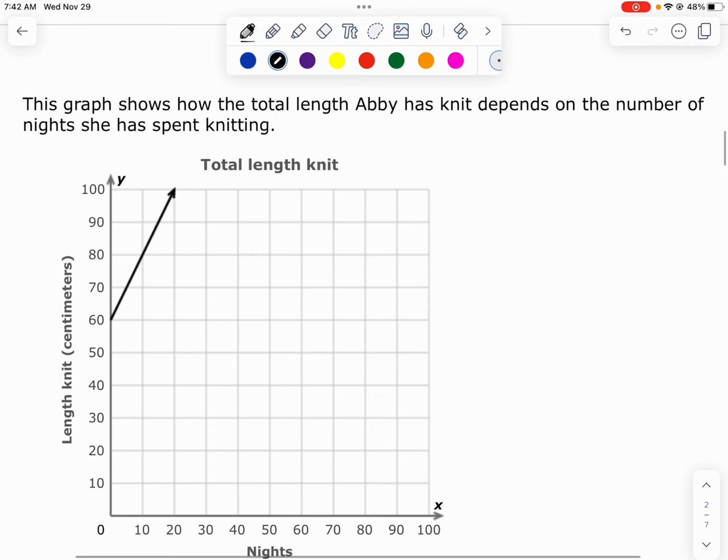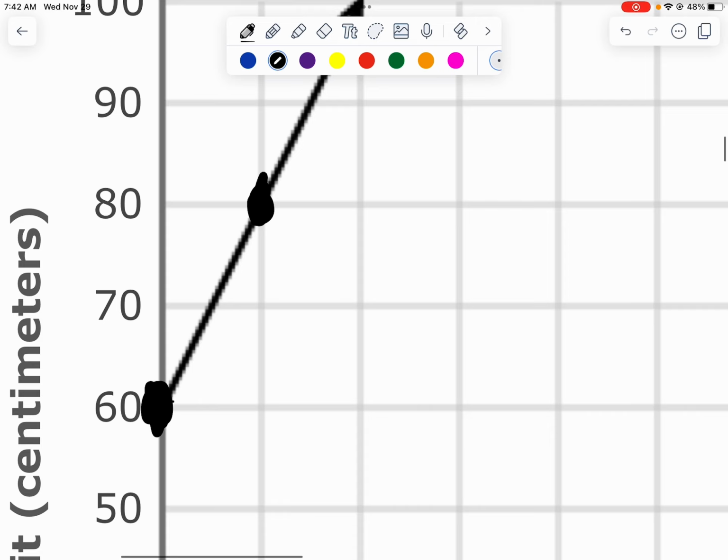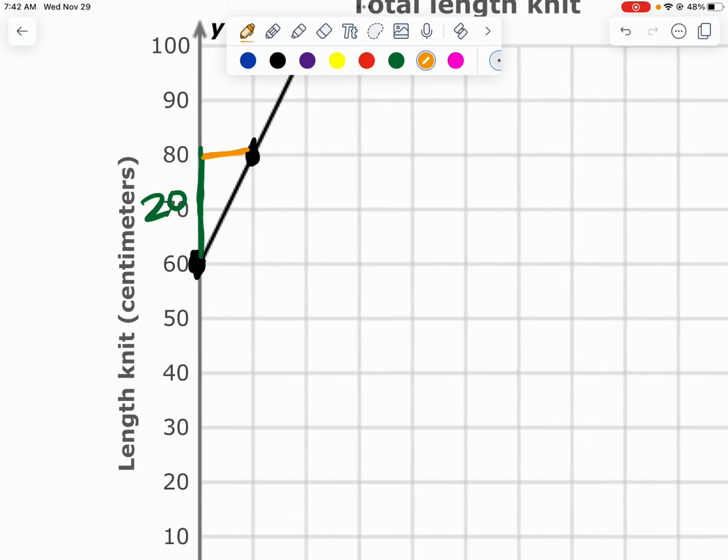The graph shows the total length Abby has knit depends on the number of nights she has spent knitting. So, again, we still have to find the rate of change. How far up did we go? We went up 20. How far across? Now be careful, we haven't looked down here.